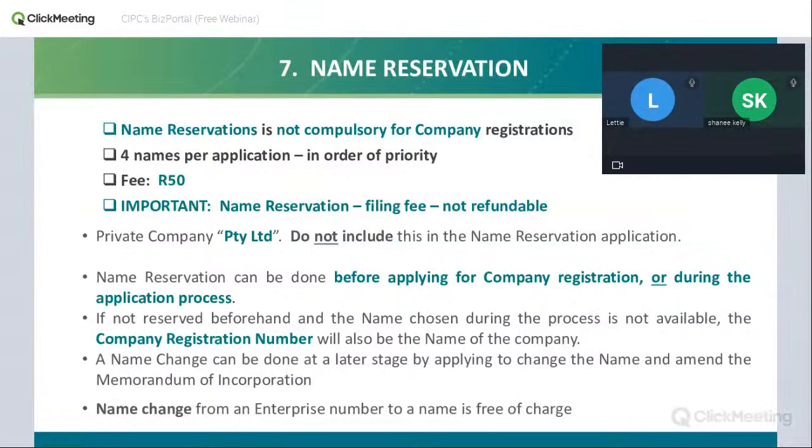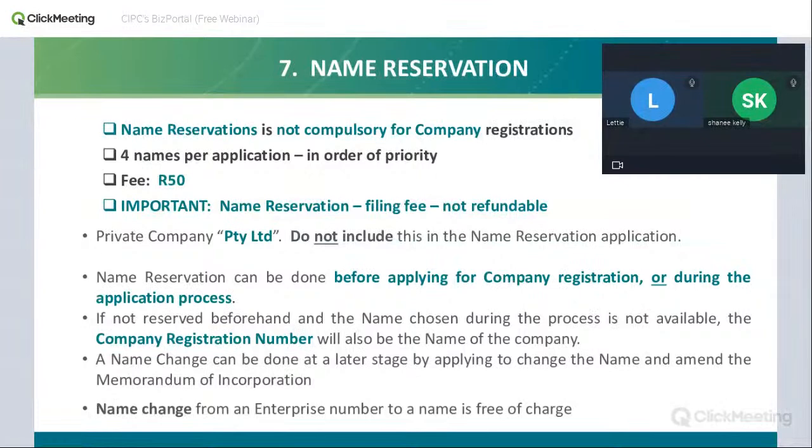Now, name reservations can be done before applying for a company registration or during the application process. If not reserved beforehand and the name chosen during the process is not available, the company registration number will be used as the name of the company.